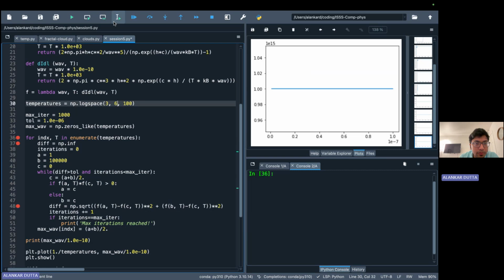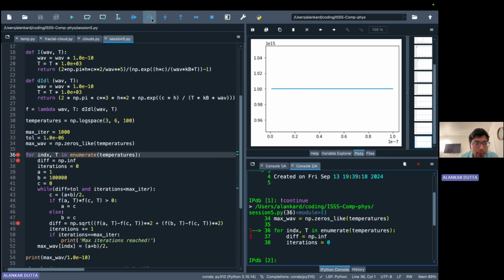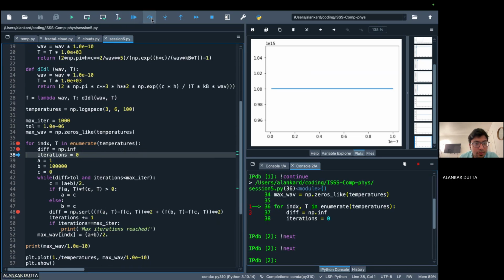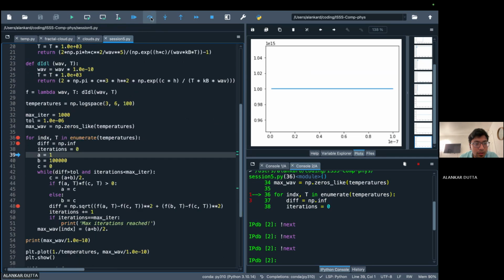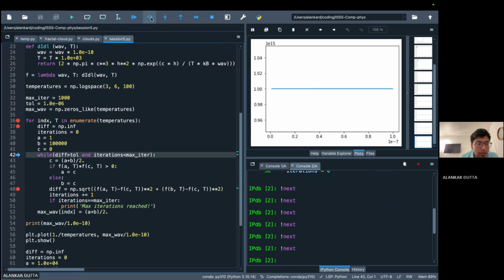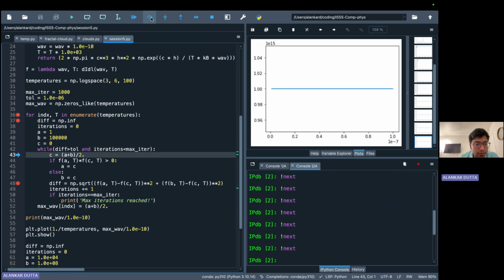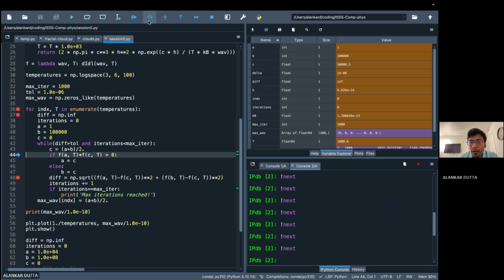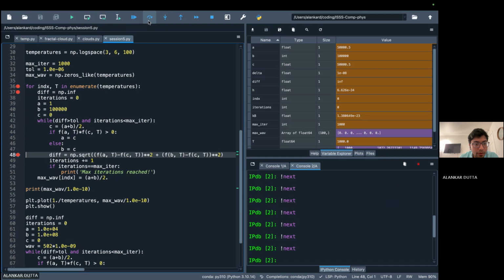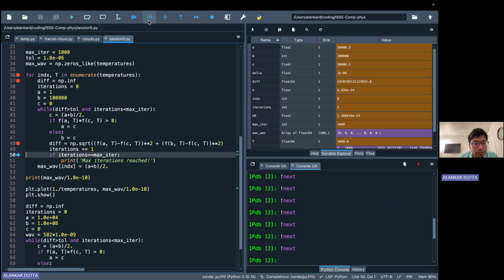So let's see, come in here. We have a C, which is a plus b by 2. So C is initially a plus b by 2, somewhere in between. Now let's see what diff is. Some value.